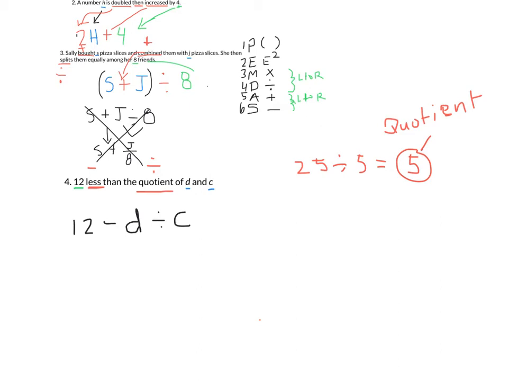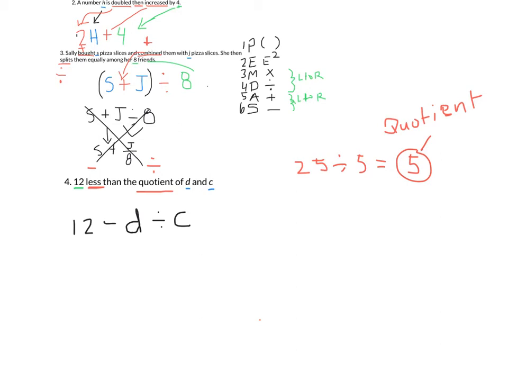Okay, so a lot of you guys did that, and that is incorrect, because this is actually saying D, the quotient of D and C less than 12, because you're taking the quotient of D and C and subtracting it from 12.